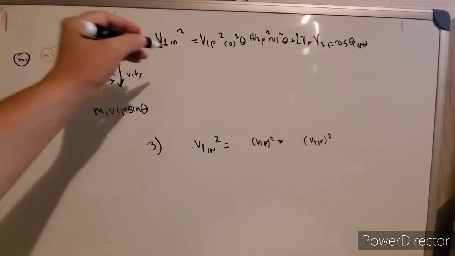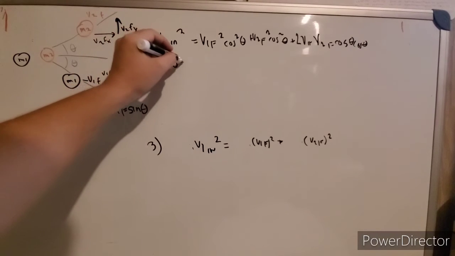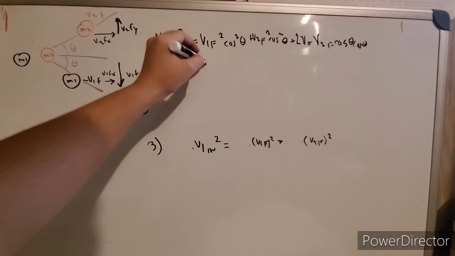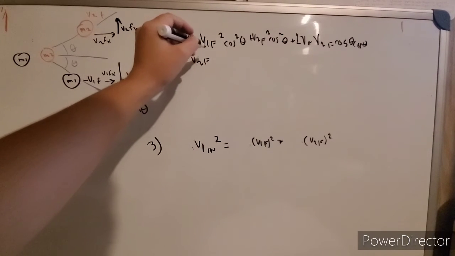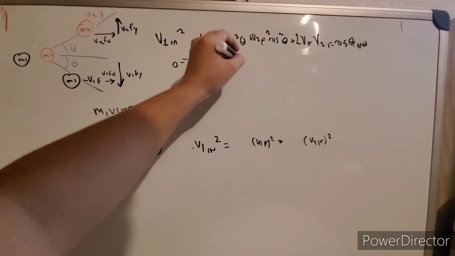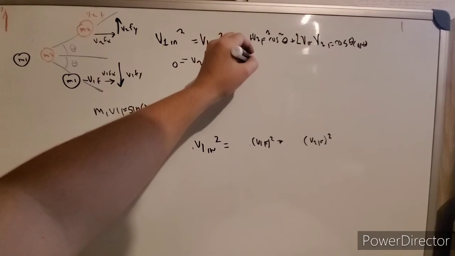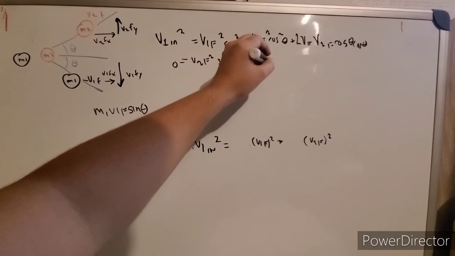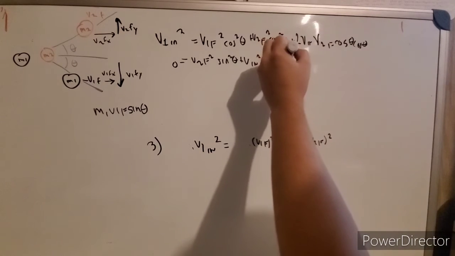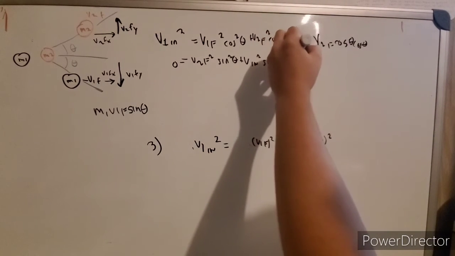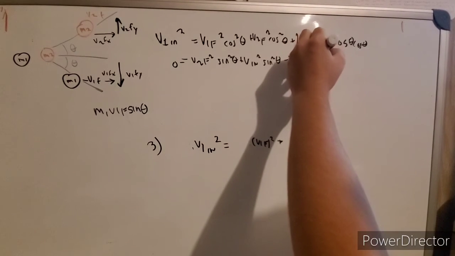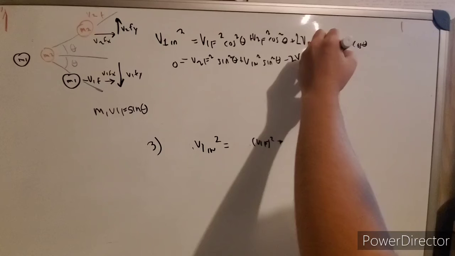And so for equation 2, it'll be 0 is equal to v2 final squared sine squared theta plus v1 final squared sine squared theta minus 2 v1 final times v2 final sine theta sine theta.